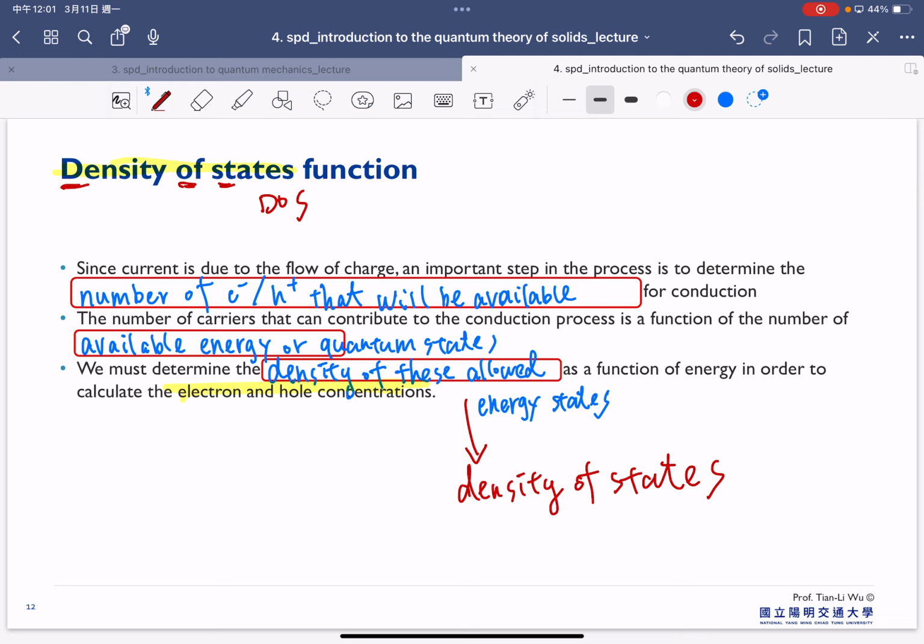That's exactly the same idea as how many available seats are in one classroom, because the total number of students in the classroom never exceeds the total available seats. So we have to calculate the density of state function, because with it we can calculate the electron and hole concentration.